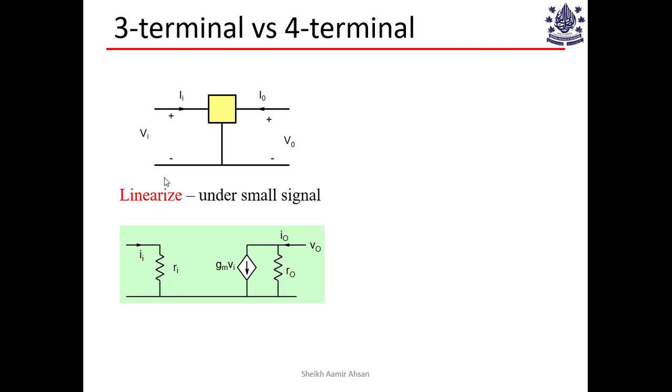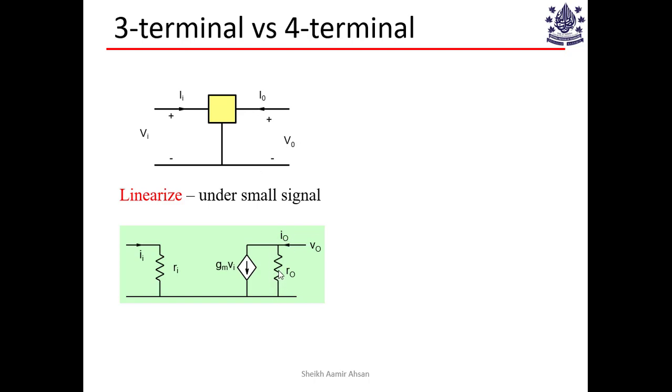So what we usually do in order to draw the small signal model is that we linearize around the bias condition. So Vi and V naught are, let's say, fixed values, and we linearize that. Whenever we have a linear relationship between I naught and V naught, what is the linear relationship between the voltage and the current between two terminals?